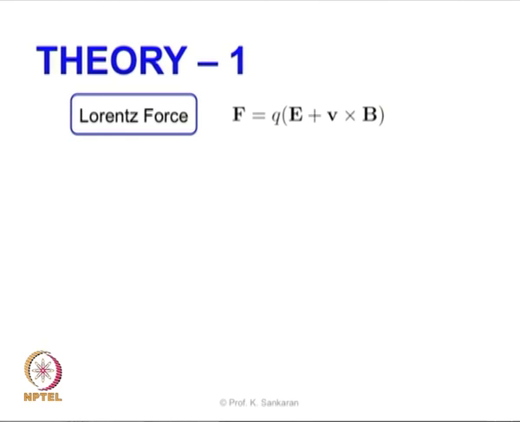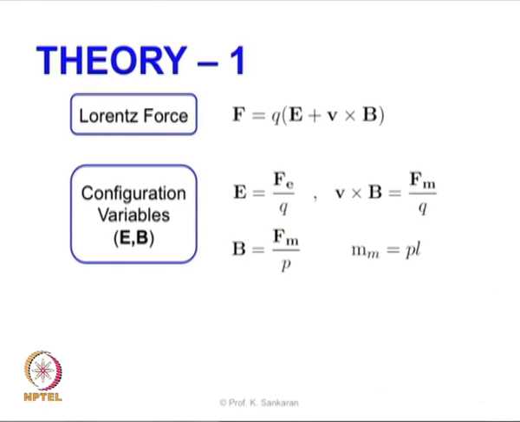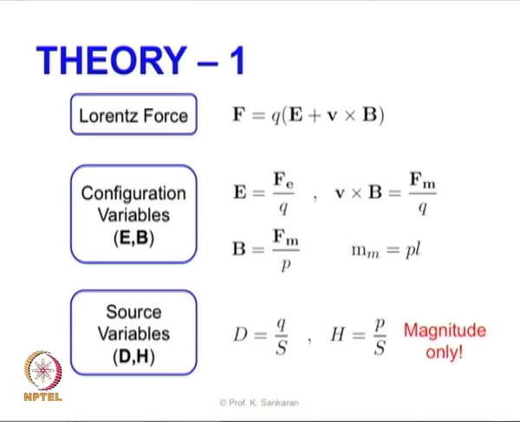We can also have something called a source variable. Again here I am using only the magnitude; this equation is not valid if you are also using the direction. So we are only interested in the magnitude. In the case of D, we know that it is the charge contained divided by the surface area.